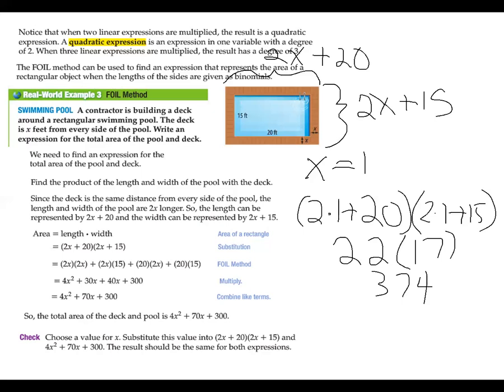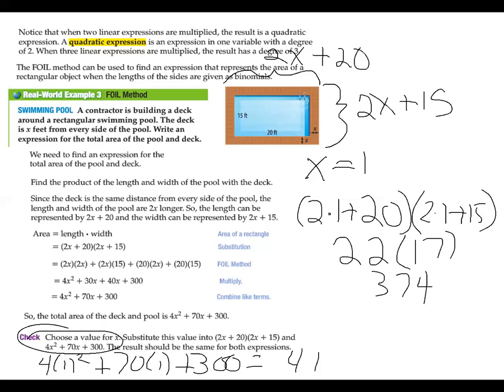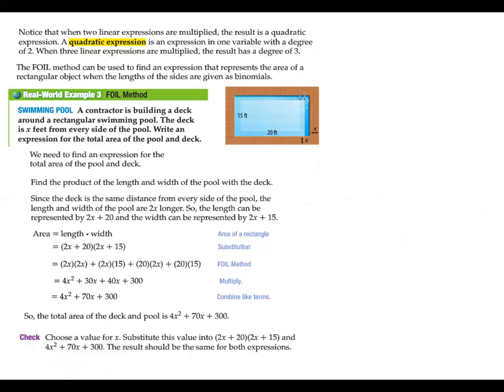Well, if I put 1 into this for x, I'd have 4 times 1 squared plus 70 times 1 plus 300, which is 4 plus 70 plus 300, which gives me 374. So it works out. I should get the same answer because both expressions represent the area of the pool.